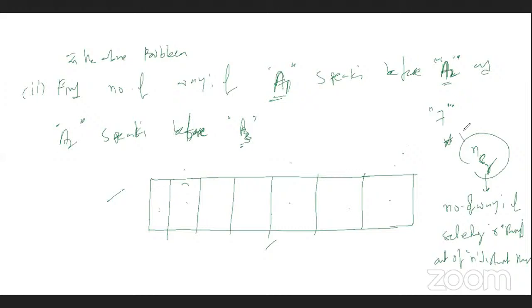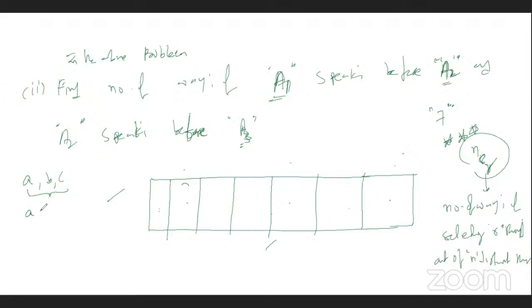Write down: nCr means, simply, suppose 3 letters are there, A, B, C. In how many ways we can select 2 letters from ABC?